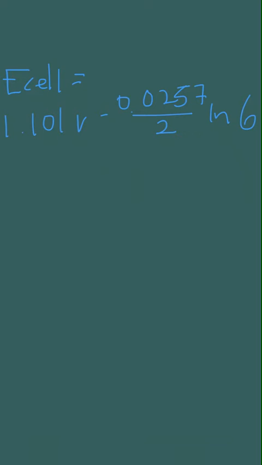Now we have all the components we need in order to solve for E cell. This is called the Nernst equation, which we introduced earlier. So now that we've inputted all the information that we solved for earlier, we have that E cell is equal to 1.078 volts.